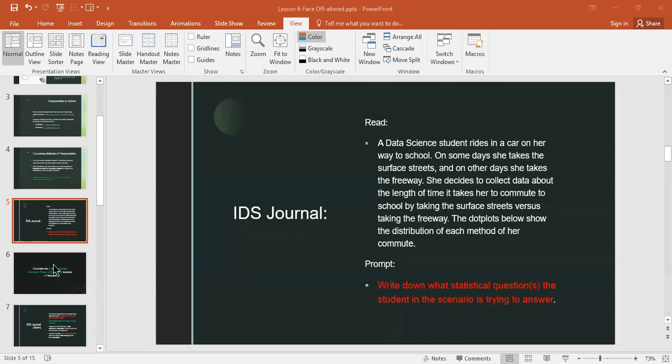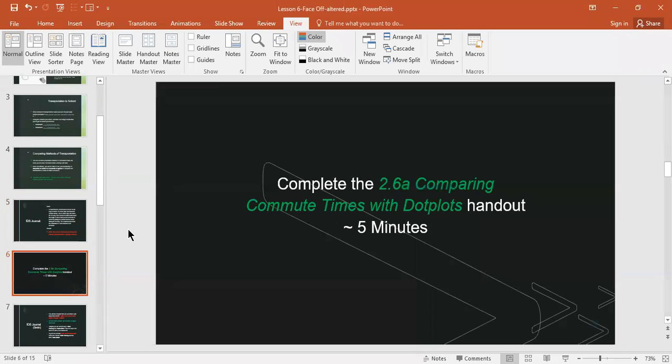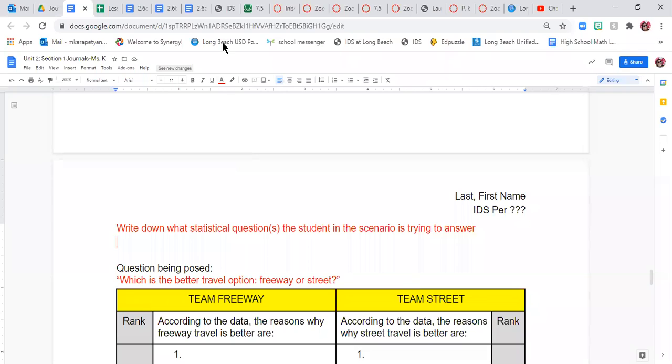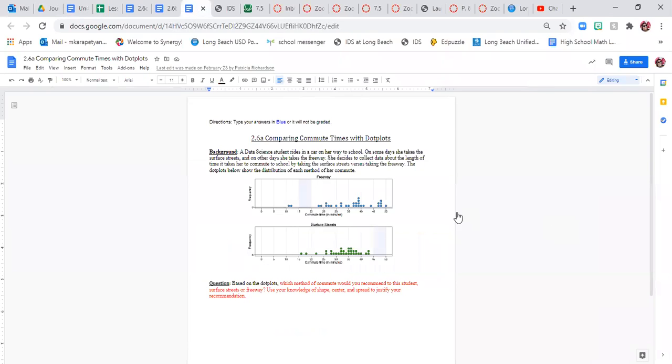Okay. So that being said, we're going to jump on to very good stat questions, guys. We're going to jump onto our 2.6a, comparing commute times with dot plots. Okay. So looking at our 2.6a document, it's a very basic document here.